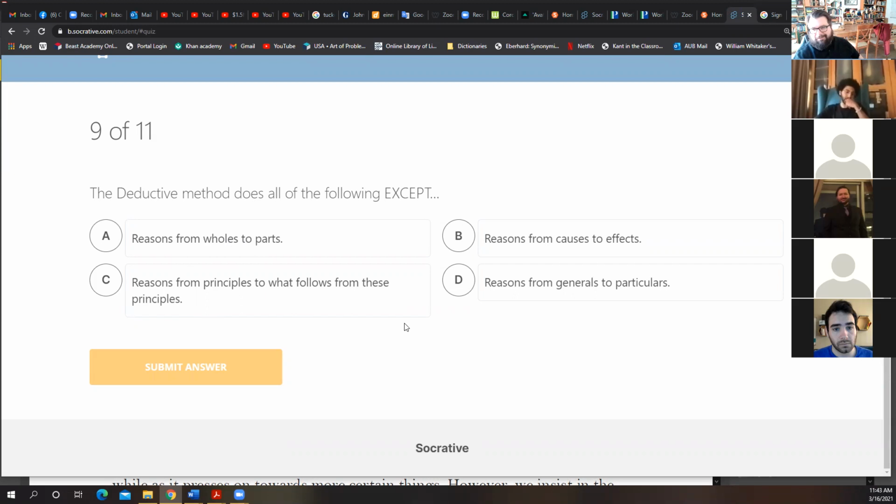Because in the previous question, we were talking about inductive methods that do everything except, and we were talking about how wholes and parts can be deductive, can be inductive, but not. We were explaining that point from the last question. Therefore, I think it does not fit here.